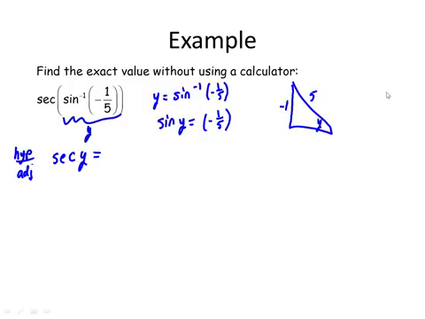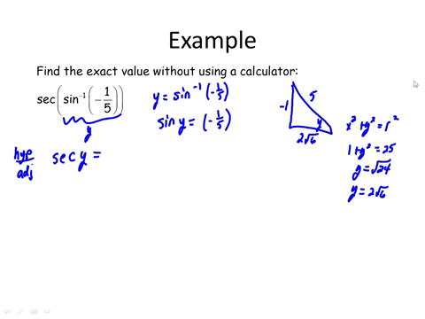So what is adjacent? What is your other side? So you get 2 radical 6.